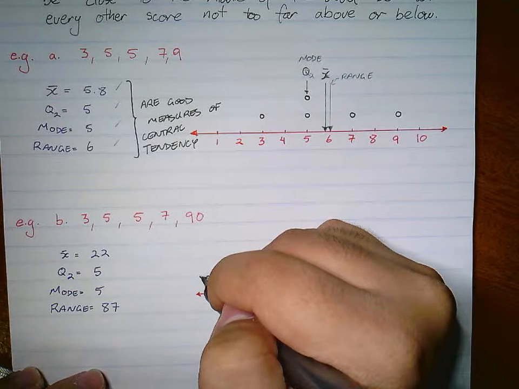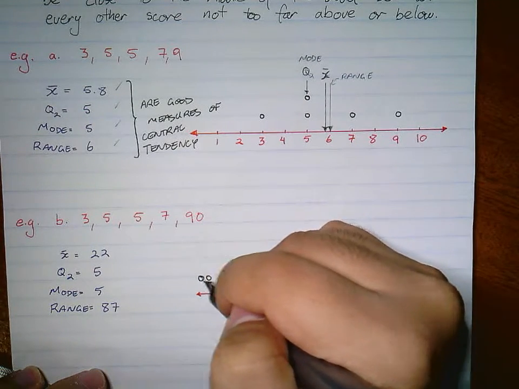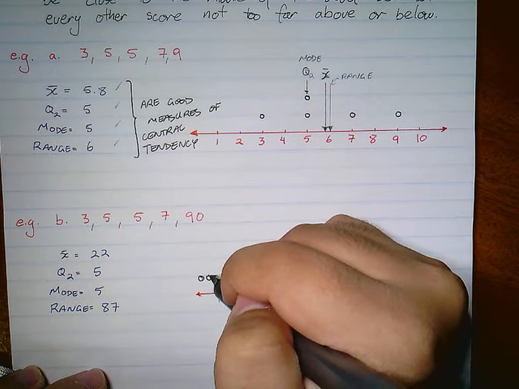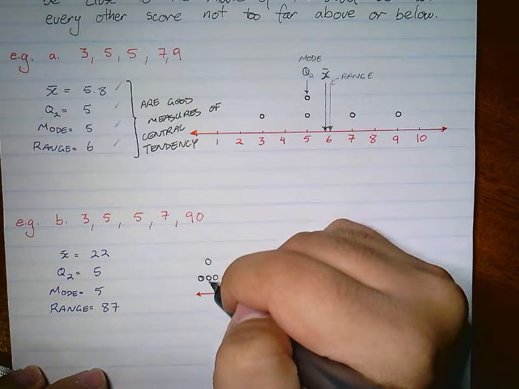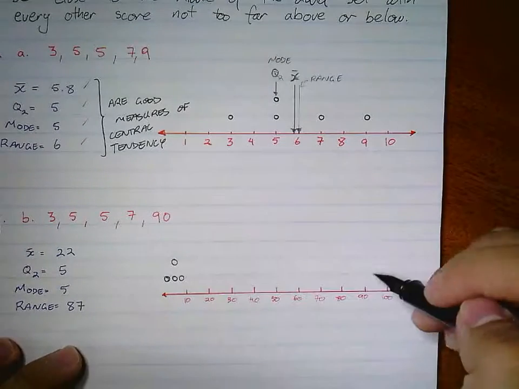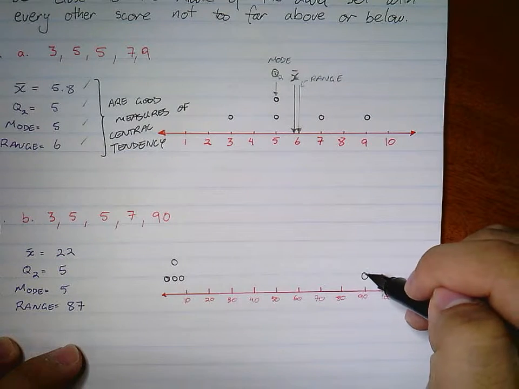The 3 is not too far below it, so it should be very close to it below. And same with the 7, it should be right next to it there. And there are two 5s, so we're going to draw that second dot on the number 5. So we have two 5s, a 3, and a 7. And 90 is all the way over here.